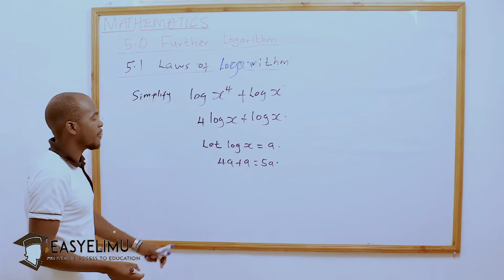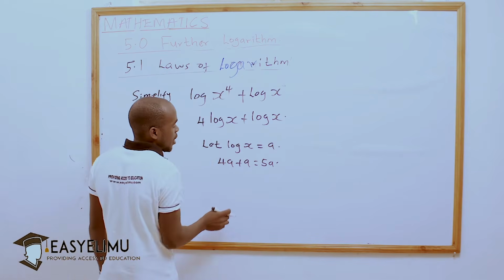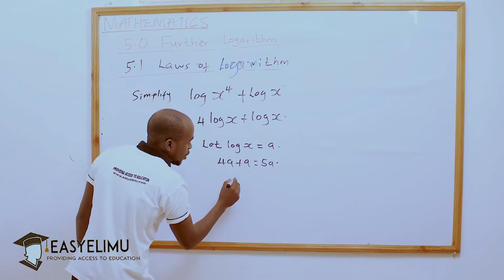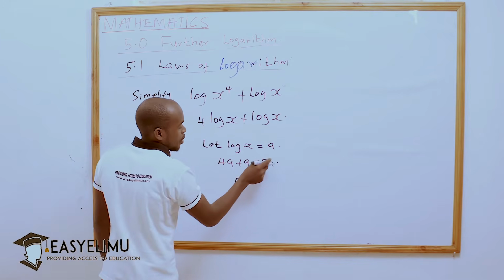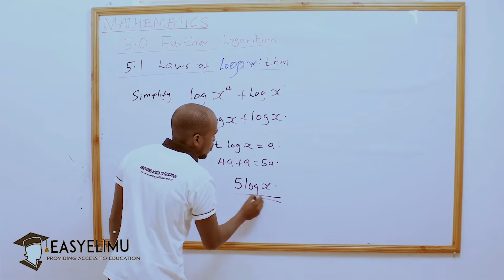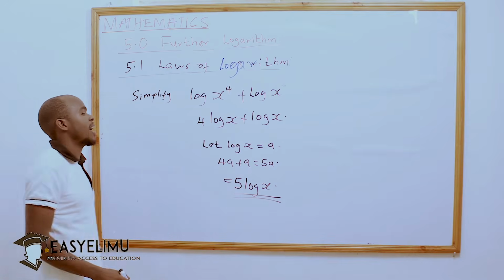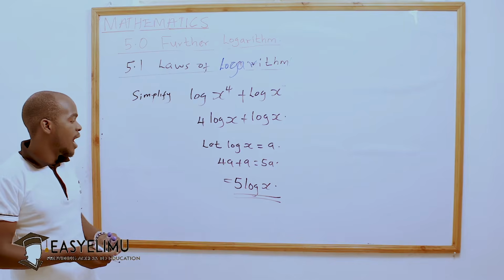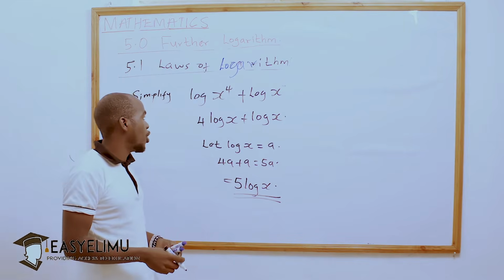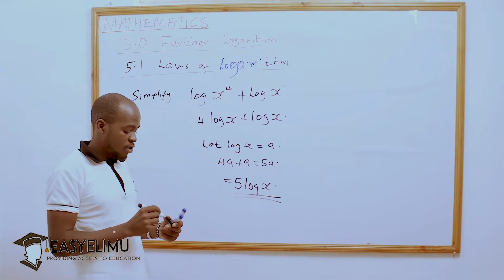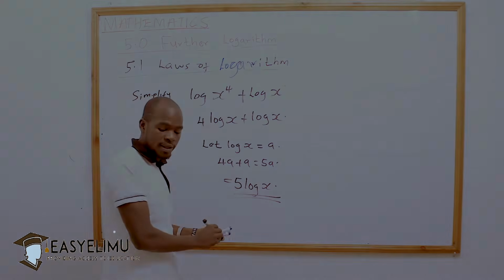And if it is 5a, then you can replace here, since we said let log x be equal to a, so it will be 5 log x. If you may find a difficulty in just adding directly there, you will find out you are going to have that, and that is a simplified form of log x raised to 4 plus log x. So we have seen a simplified form is that.